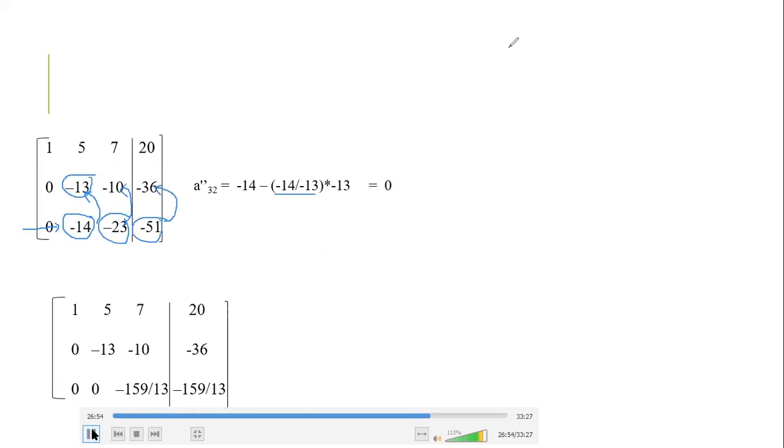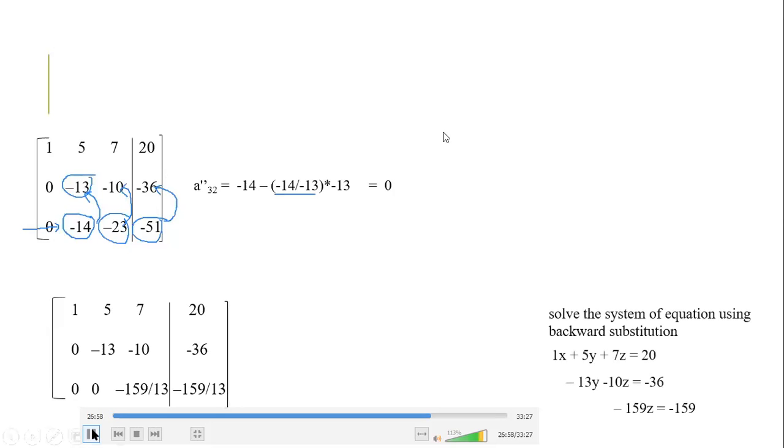Okay, so let's see how it goes. So that is it. A33 will be negative 33 times the multiplier, negative 14 over negative 13, times negative 10, which will give you negative 159 over 13.